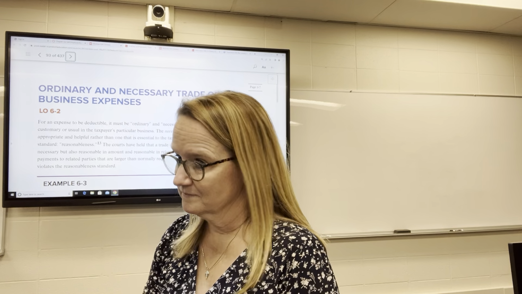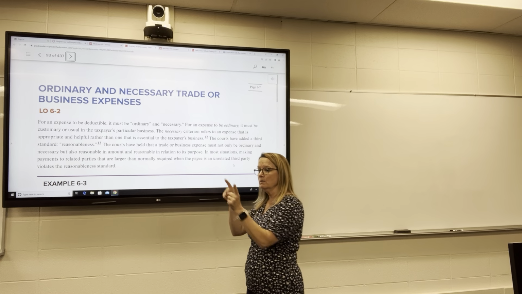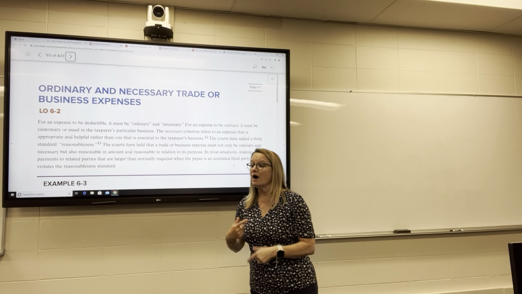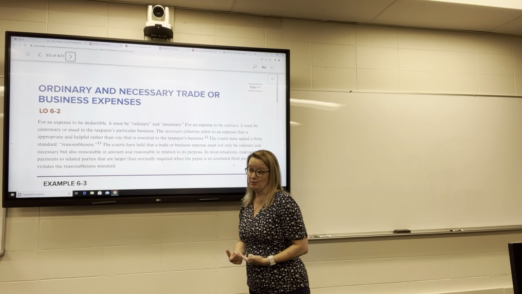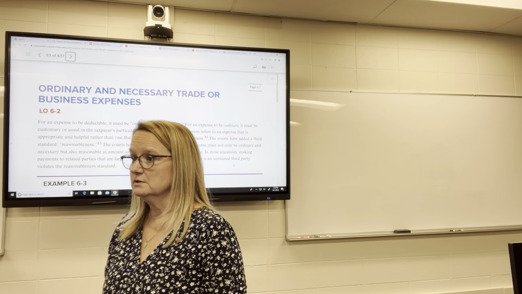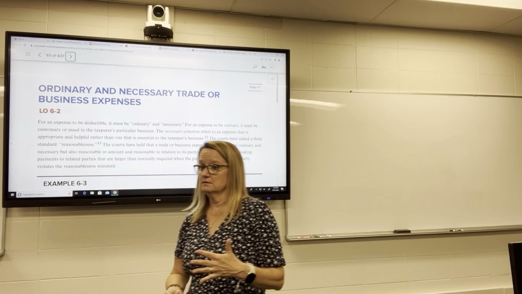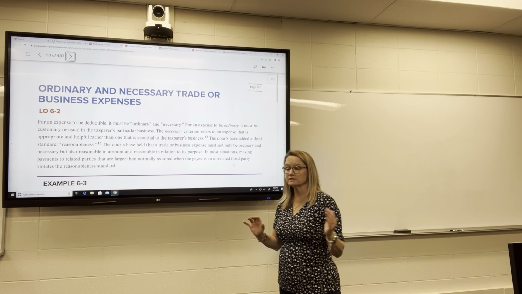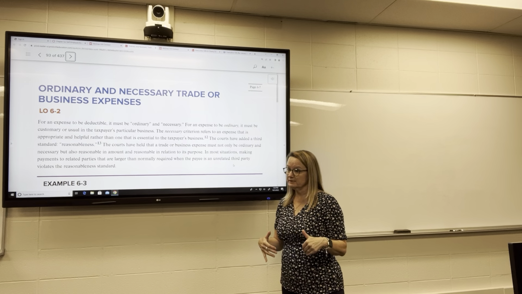Yes. And if it's questionable, chances are the IRS is going to say, no, this is not ordinary or necessary. But the taxpayer has the option of fighting them on that. They can argue that, yes, indeed it is. A lot of taxpayers do, and a lot of taxpayers are successful when they go through the courts. The IRS doesn't always win. So it's not that if the IRS says no, it's definitely going to be no.